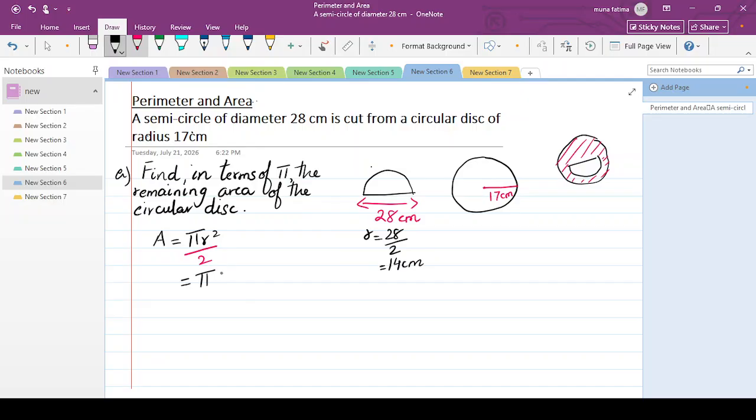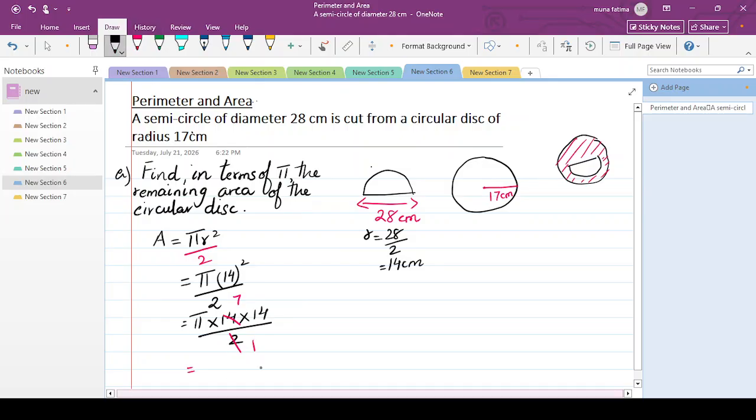Hence, it is going to be 14 squared divided by 2. Or you can simplify it, 14 into 14 divided by 2. You can simplify these to 1 and 7, and multiply to find the final answer: 98 pi centimeters squared.